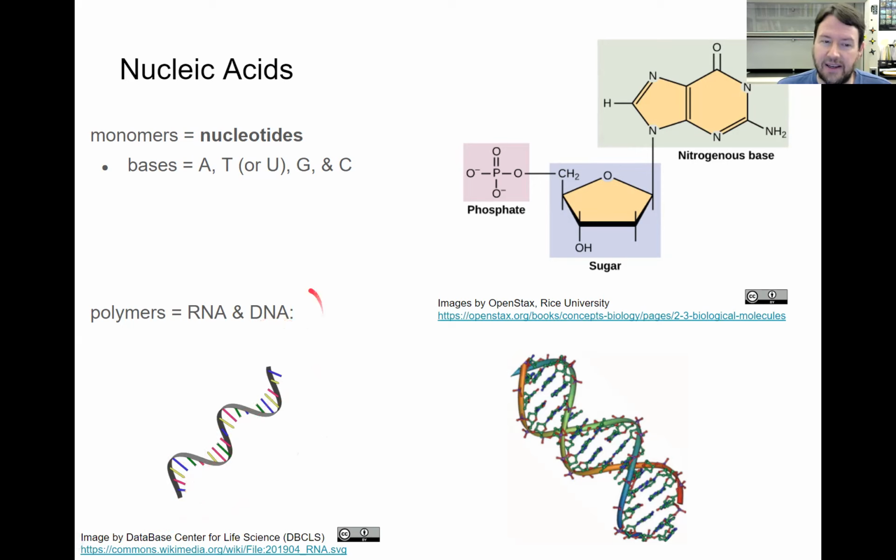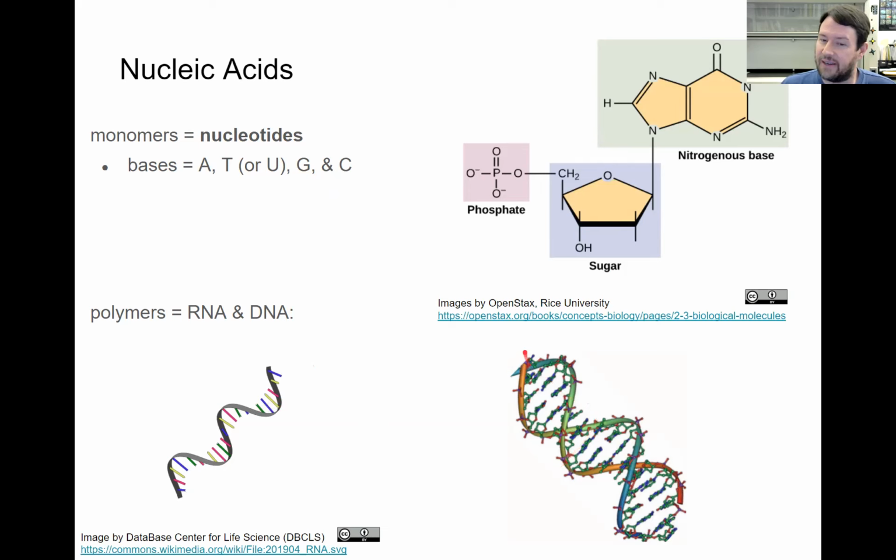DNA is also a famous molecule, and that stands for deoxyribonucleic acid, because there's one less oxygen atom in the sugar, and the bases are A, T, G, and C, instead of A, U, G, and C, like we'd find in RNA.